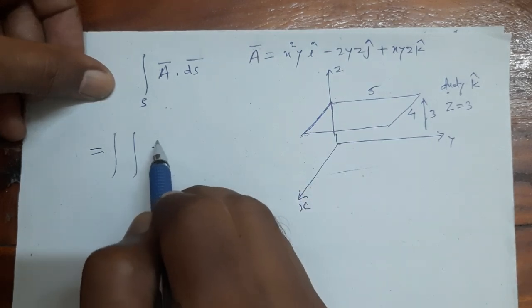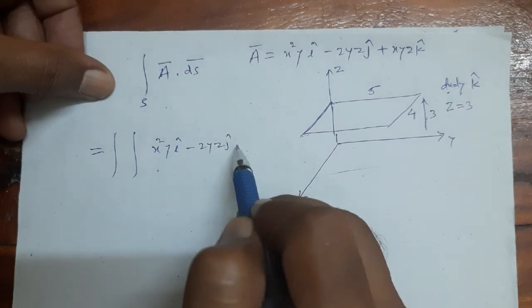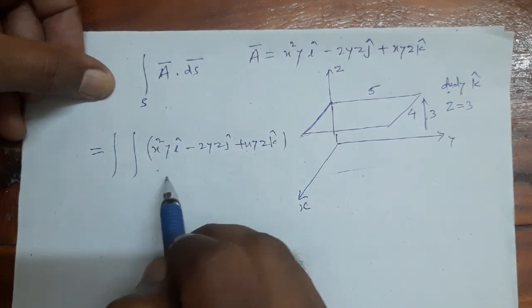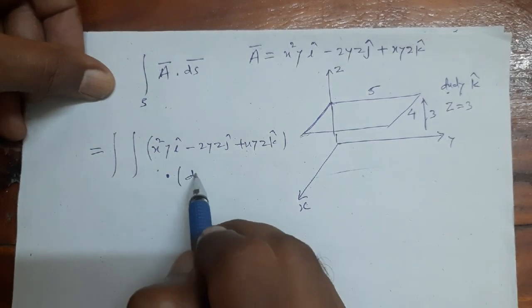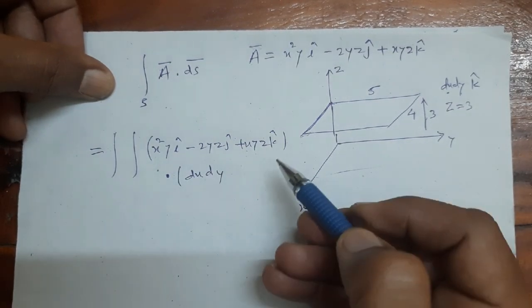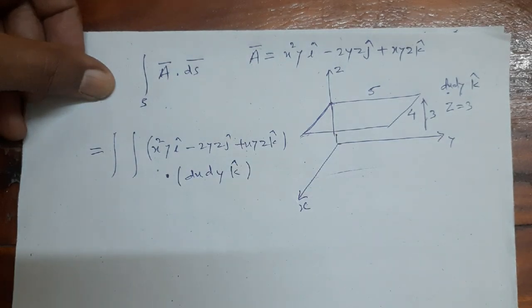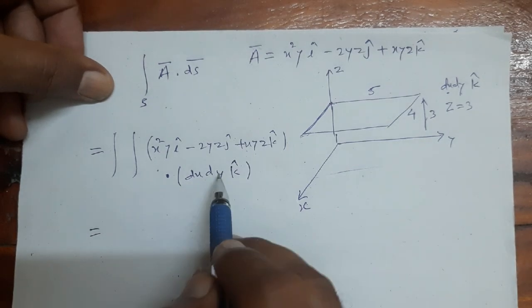I will write A bar, that is x square y i cap minus 2yz j cap plus xyz k cap dot, and what is the surface element? Surface element is dx dy and it is k cap. Correct? dx dy k cap. Okay, then I will solve this dot product.